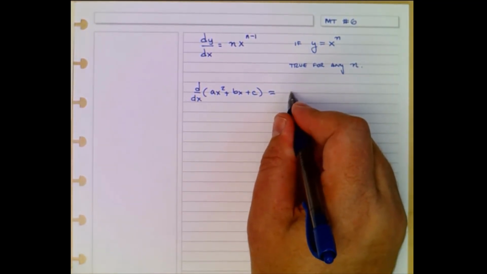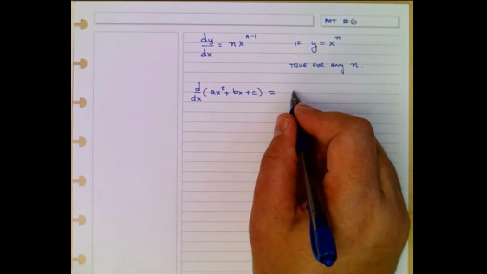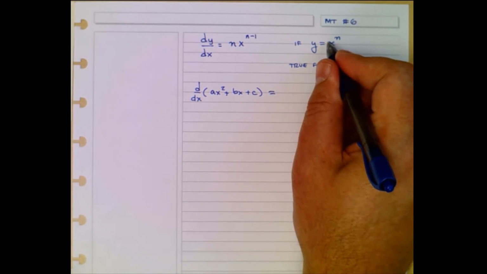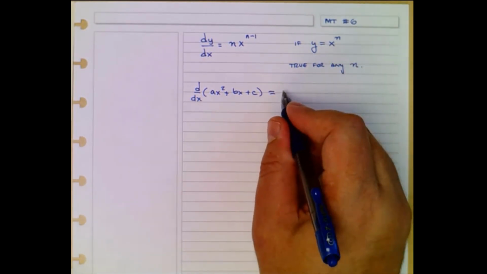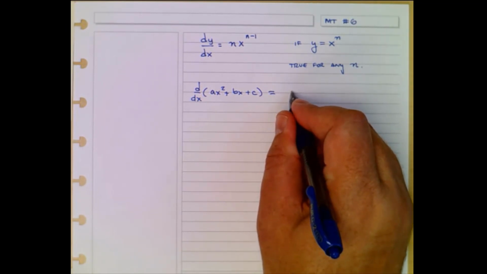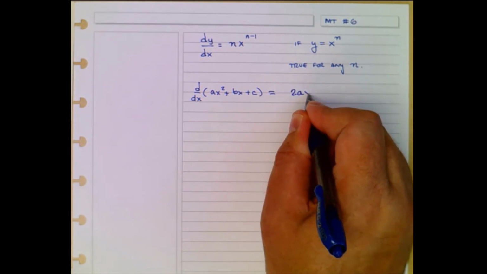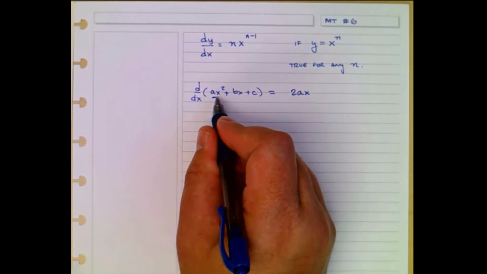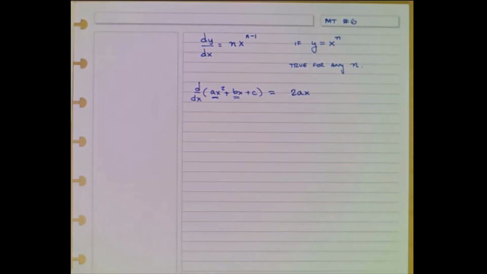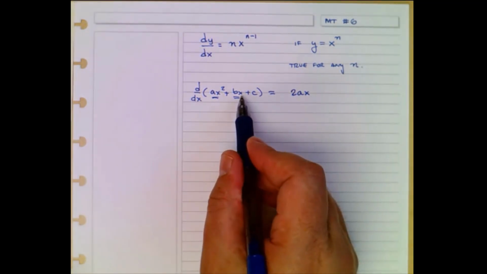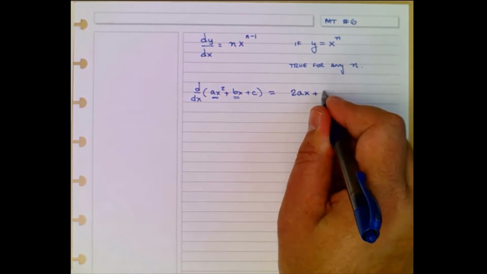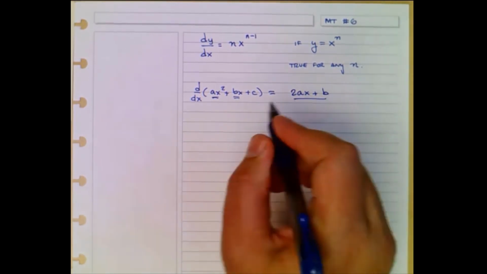A constant will always come out the front. I've got 2 times a times x, taking care of this term. For this term, x to the n minus 1 is going to be x to the 0. That's 1. So I'm just going to be left with b here.